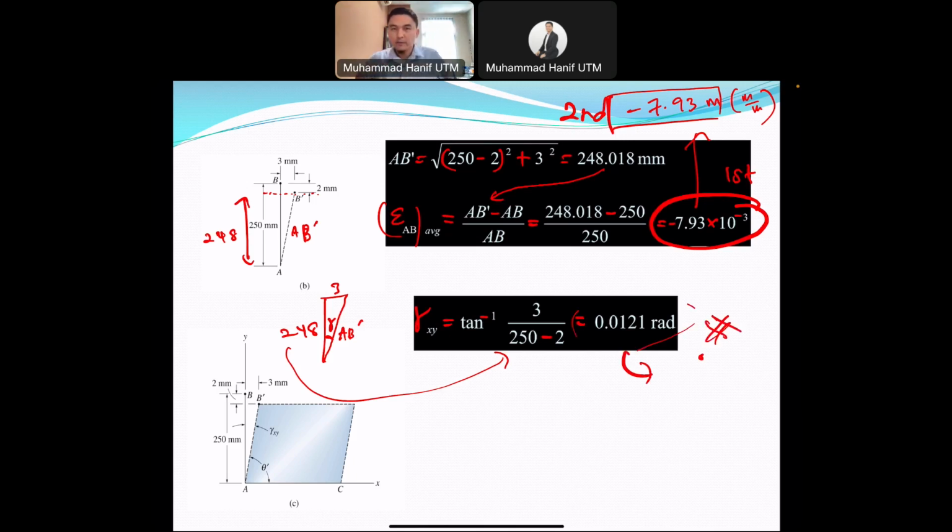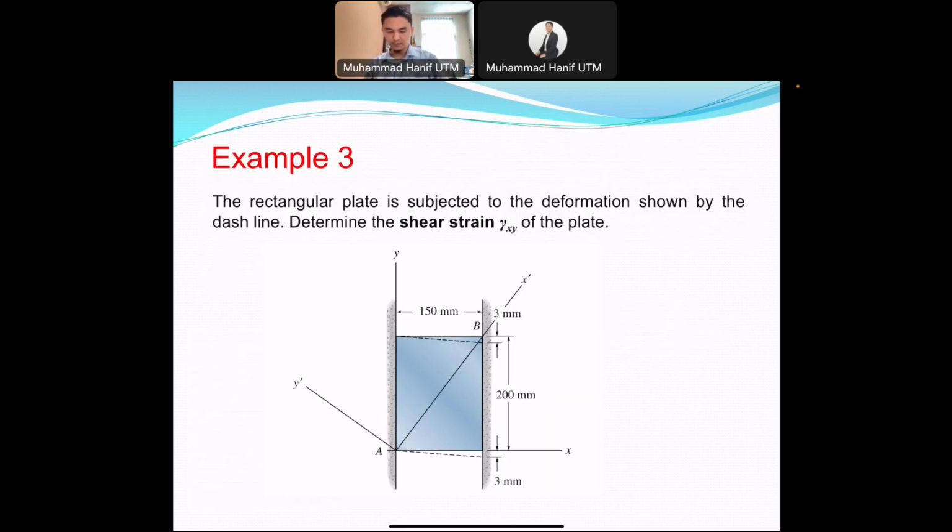All right, so enough for this example 2. Example 3 is a different scenario, and this is the tricky one. You have to find the shear strain gamma xy. In this case, there are axes x, y, x prime, and y prime.